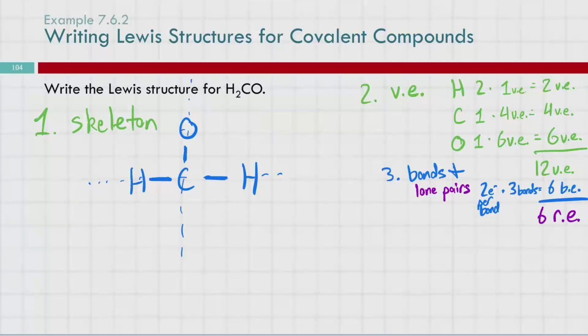Where can we place our 6 electrons? Hydrogens already have their duets, so our hydrogens are happy. We'll give them little smiley faces so we know we're done with them. We start from the outside in. Oxygen is our only other atom. It currently has how many electrons? 2. It has 2 electrons because of the bonds, so it can take how many more? It can take 6 more, very convenient.